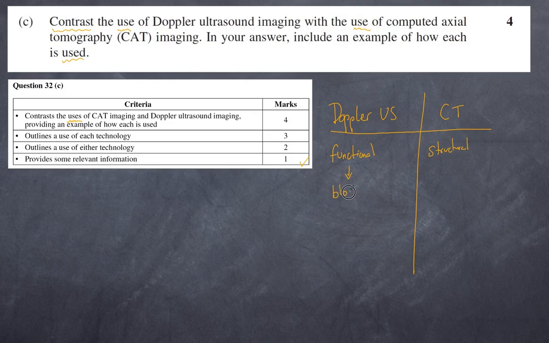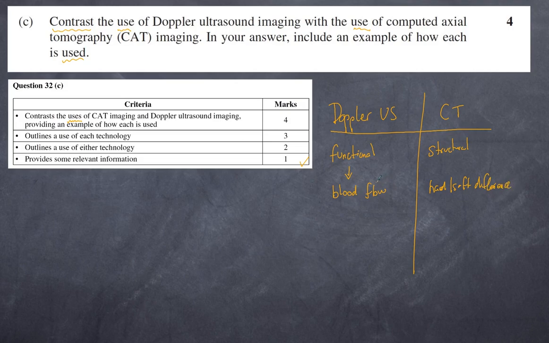Functional means I can detect blood flow because Doppler ultrasound looks at measuring the motion of liquids. CAT scans are good for hard and soft tissue differentiation, high contrast imaging.